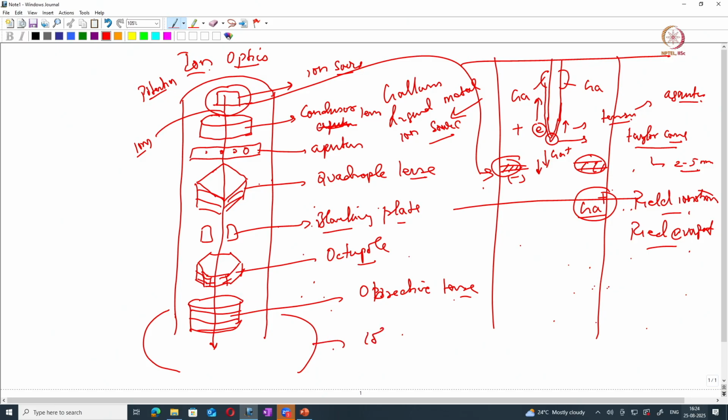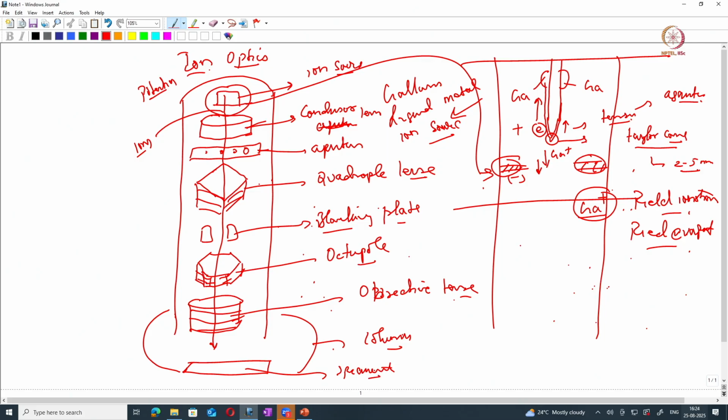This is your column. Now this ion beam will go through a series of lens systems and apertures like condenser, objective, then apertures, correct, before it reaches the specimen.